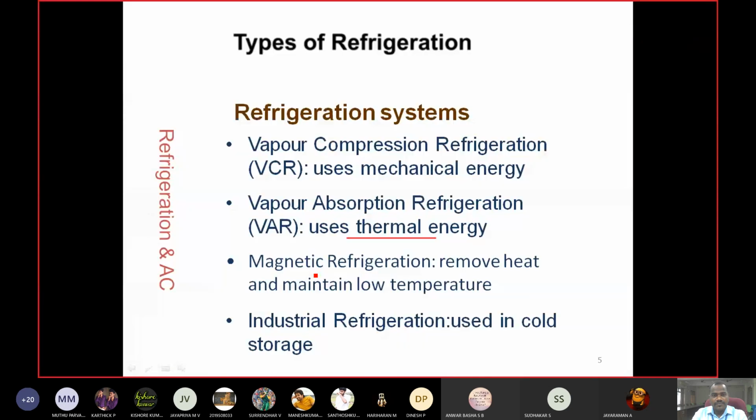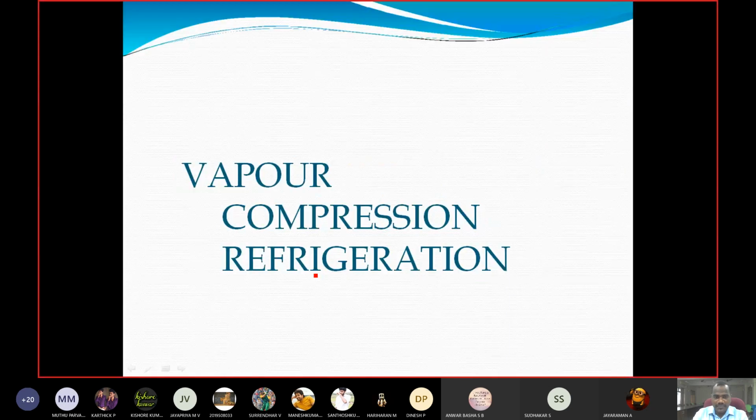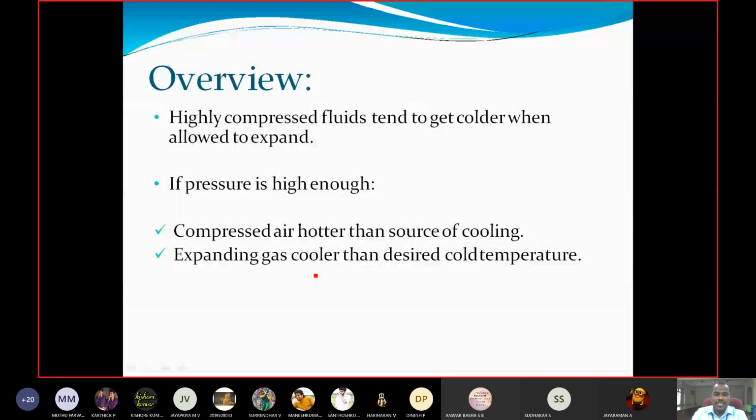So the first type is VCR, that is the vapor compression refrigeration system. The overview of VCR is that highly compressed fluids tend to get colder when allowed to expand. Right, that we know very well. We have seen a lot of this in steam: if the steam is allowed to expand, we can get a lower temperature.